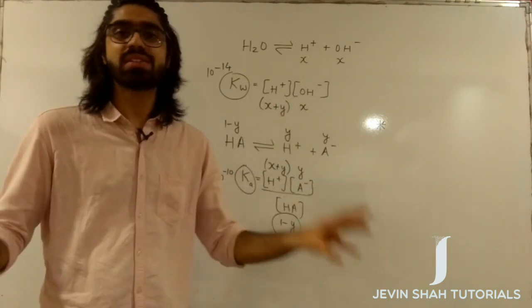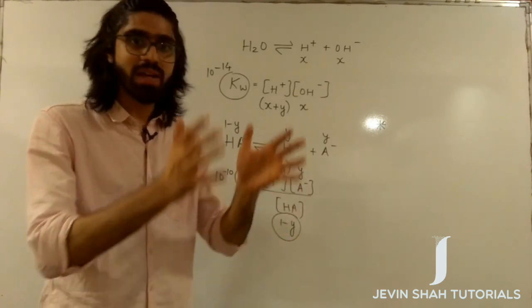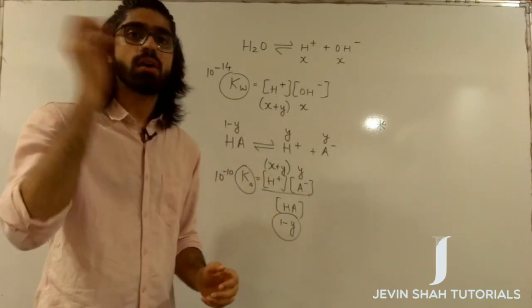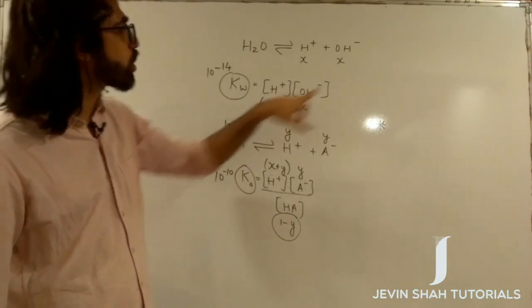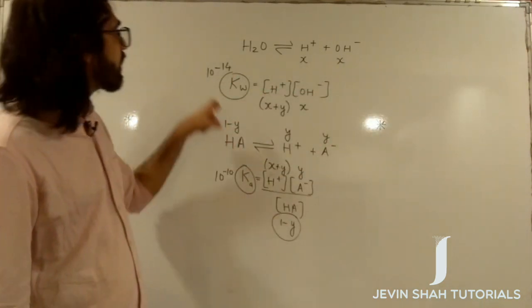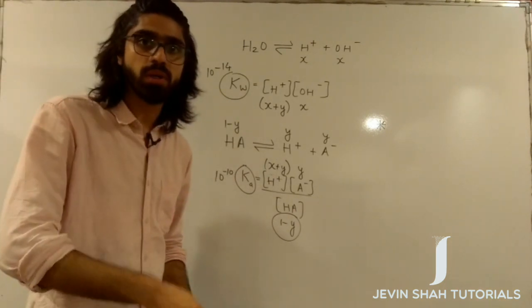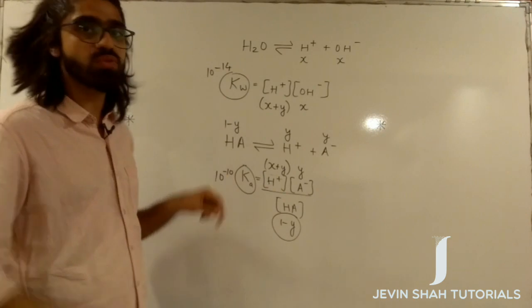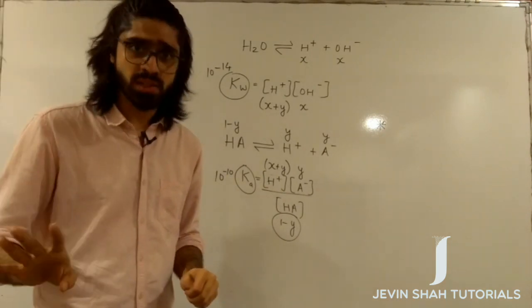Let me just repeat that final point which I want you to focus on. The final point is this, that in a solution, if there are a lot of components present, the equilibrium equations can be written for each component, and you can write the K values, the dissociation constants also for every component. The K value will remain fixed for every component irrespective of whatever is present in the solution.